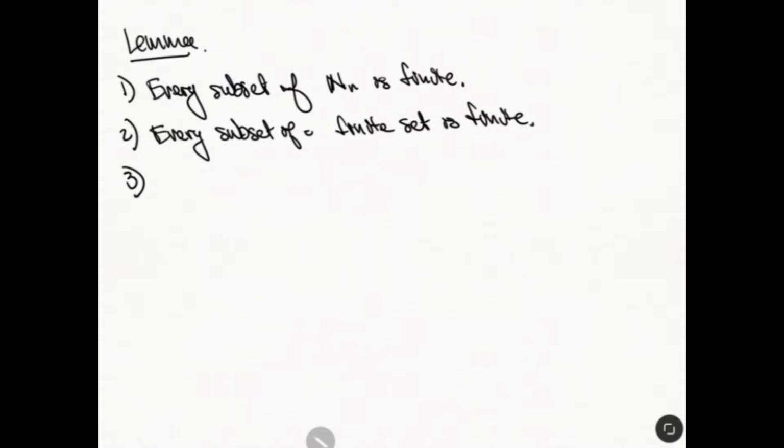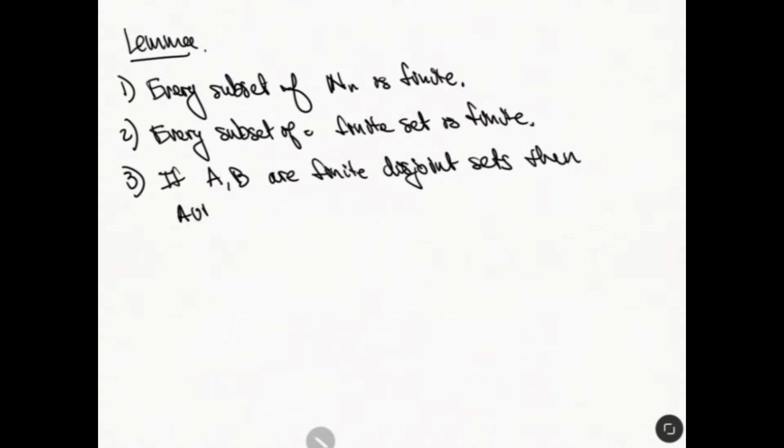3, so if A and B are finite disjoint sets, then A union B is finite, and the cardinality is just the sum of the cardinalities.